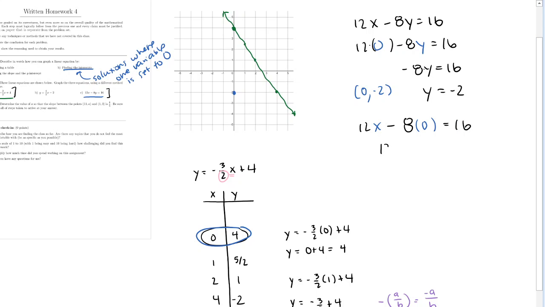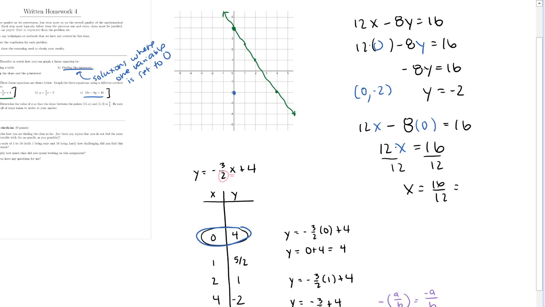And so we get 12 times x minus 0 is equal to 16. And this doesn't work out as nicely as the previous examples, but it's still the x-intercept. We would divide both sides by 12 to get x is equal to 16 over 12.